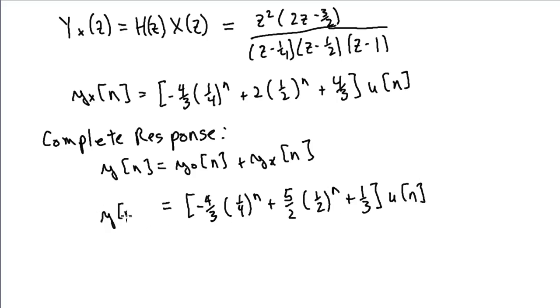Had to do a lot of algebraic work to get this result. It would be nice to have some way to verify it. I'll actually show you in a project how we can use MATLAB or Octave to find the response of a discrete time system for a given input. And so we can use Octave to actually find the response of this system in this example for this input, or solve this difference equation.